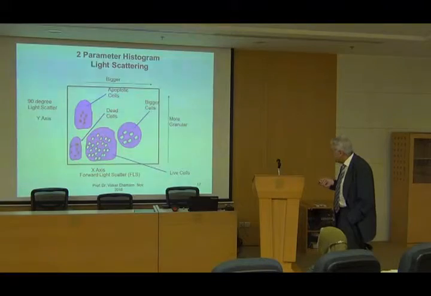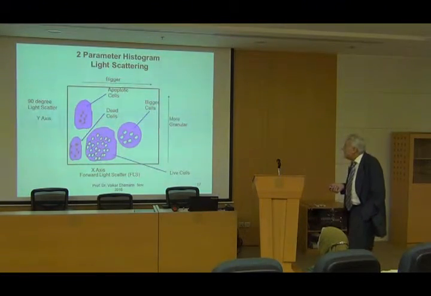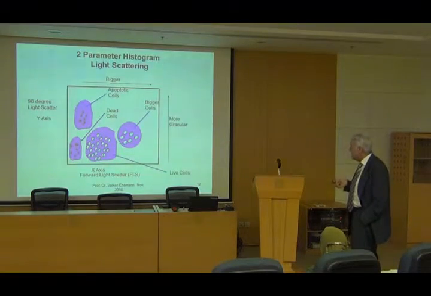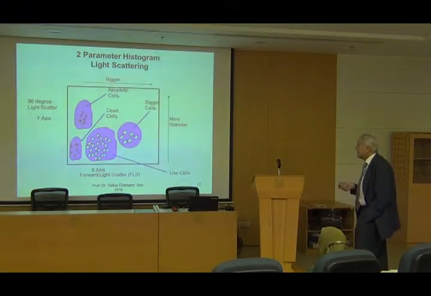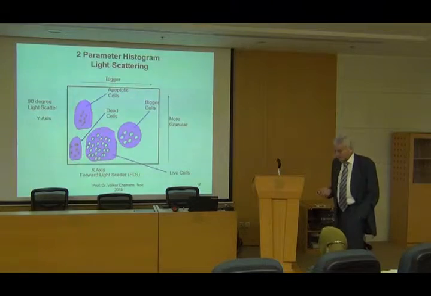By this analysis, size against granularity, you can analyze, for example, living cells or dead cells, or cells on the way to death, apoptotic cells, and you can also detect bigger cells such as tumor cells.